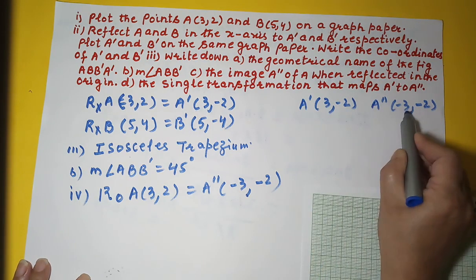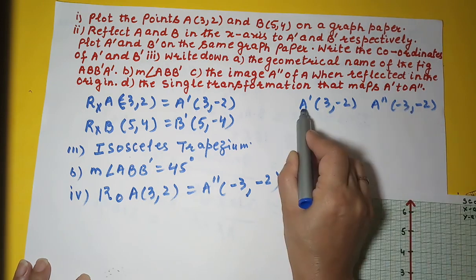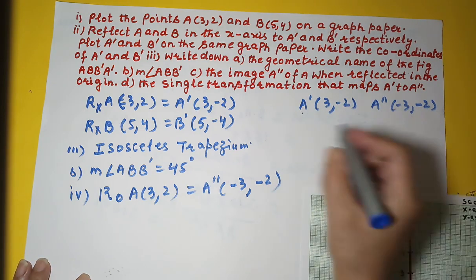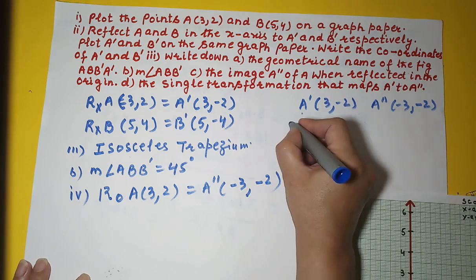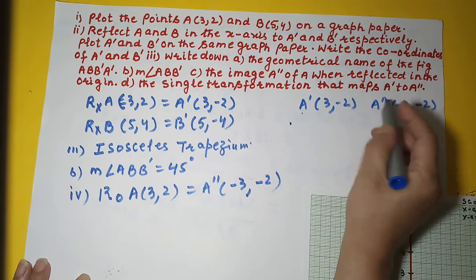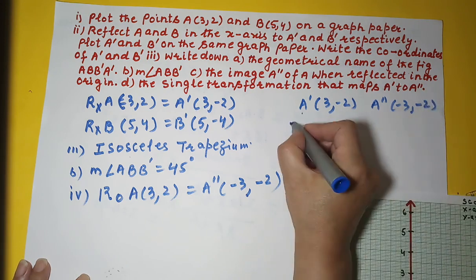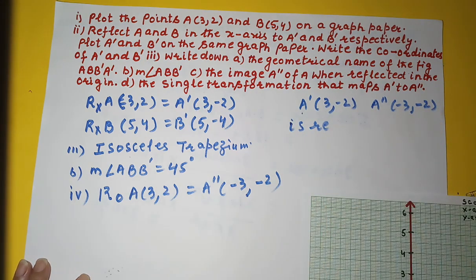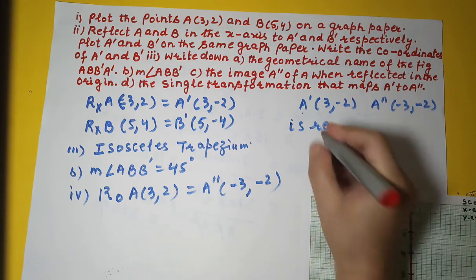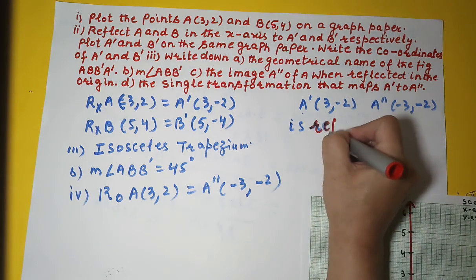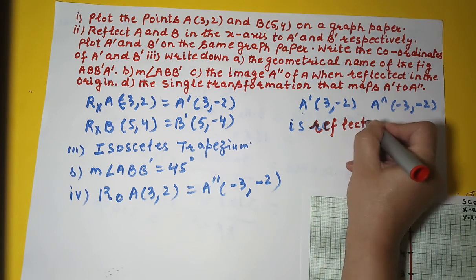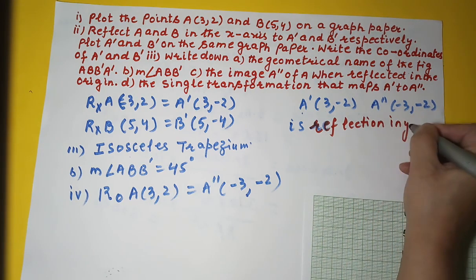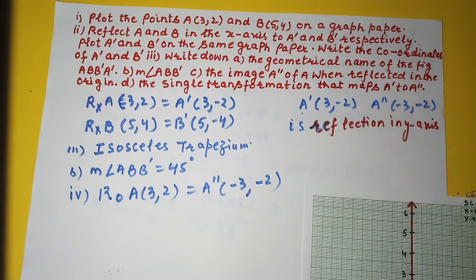So when does the sign of the x coordinate change? When you reflect this point in the y-axis. So you can say that the single transformation that maps A dash to A double dash is reflection in the y-axis. Right?